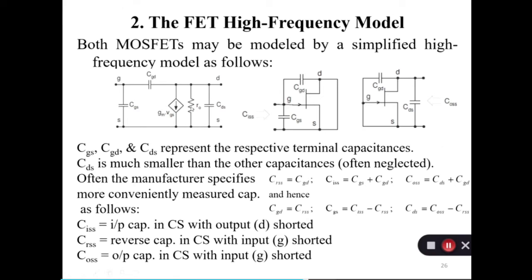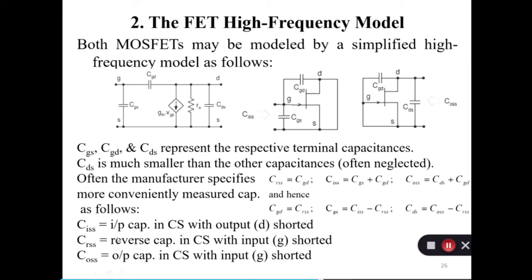If you short circuit the gate to source and look from the output side, the total capacitance looking from the output will be the parallel combination of CGD and CDS. So you can write the formula COSS equals CDS plus CGD.